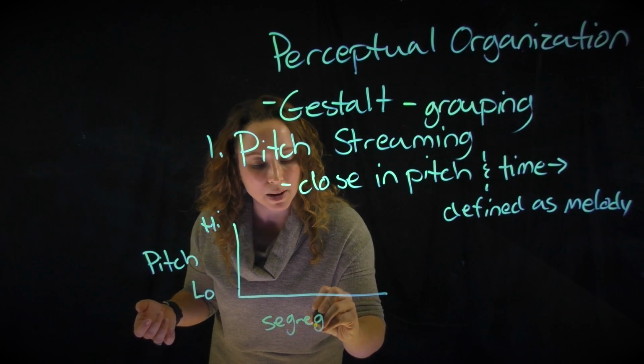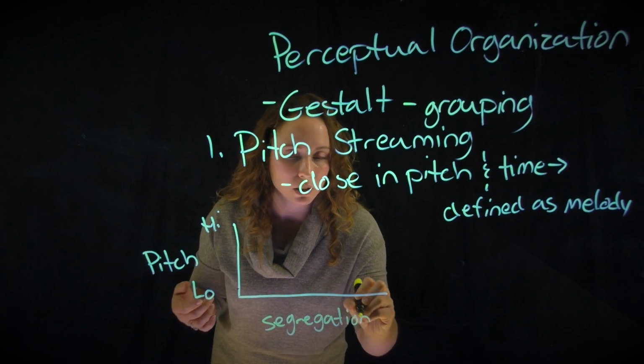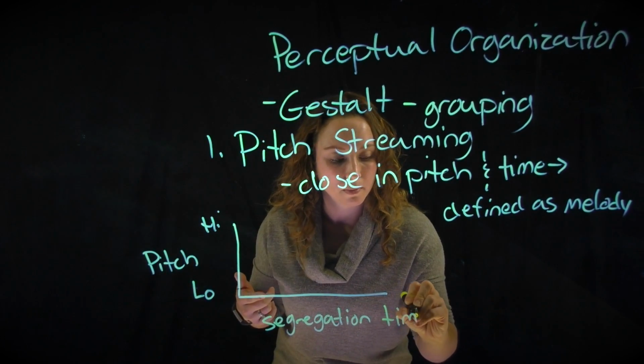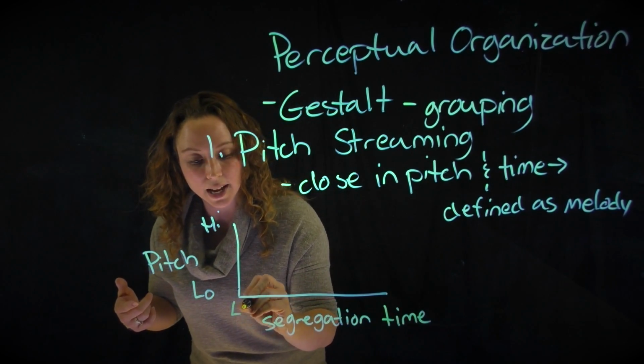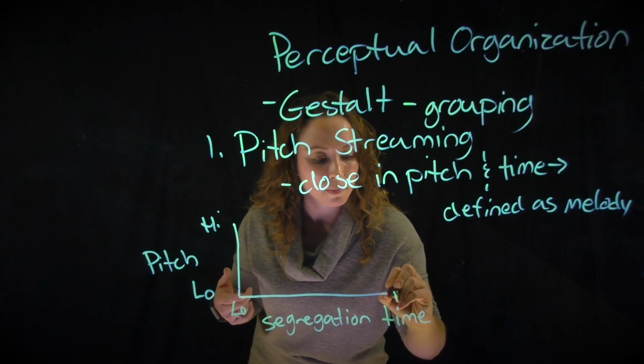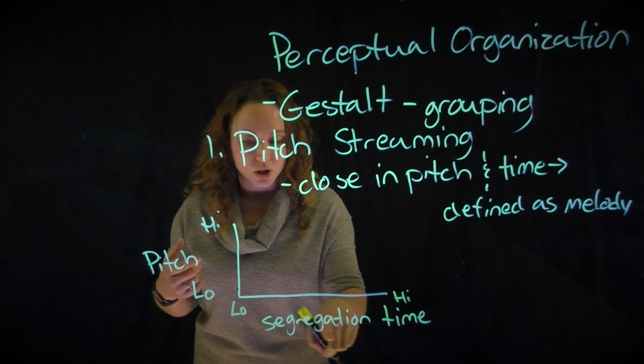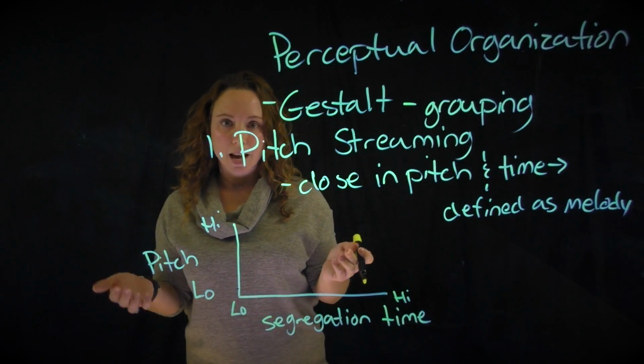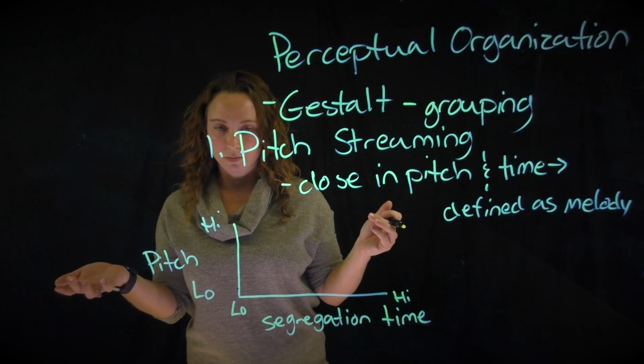So what I mean by segregation time is how close together the notes are in time. And then of course again here I'd have low and high. So if segregation time is low, the notes are really close together, and if segregation time is high, the notes are really far apart.